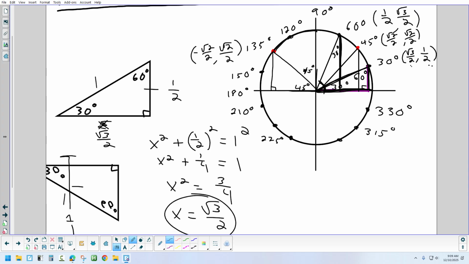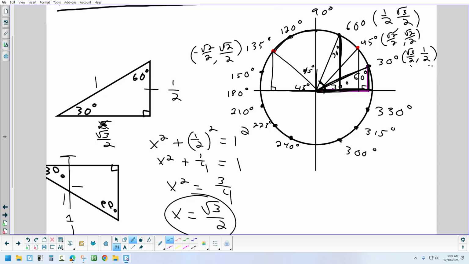What angle would this be? Yep, so 240. I'm going to move the 225 so it's in a better spot. 225, 240, and the last one right there. Yep, 300.